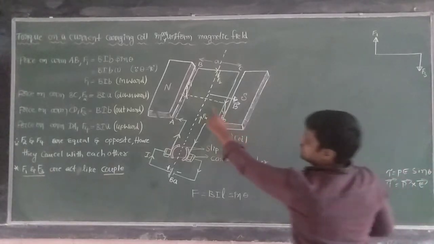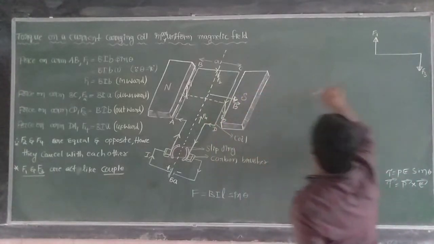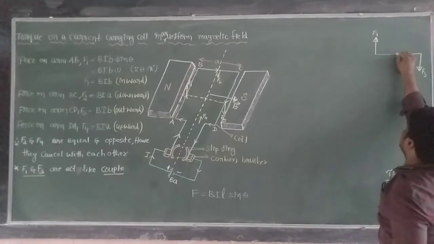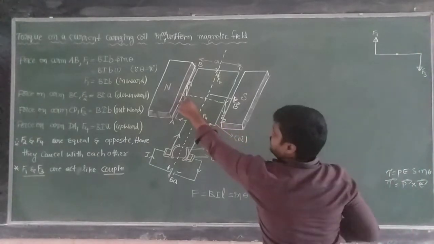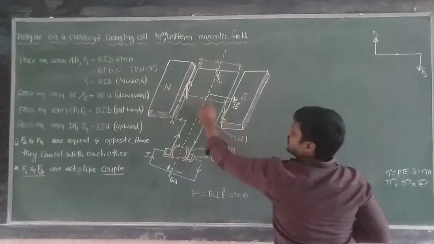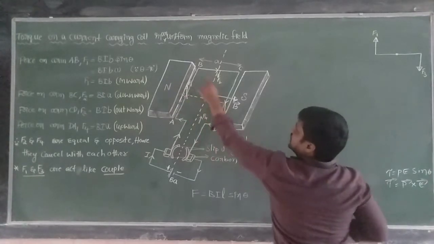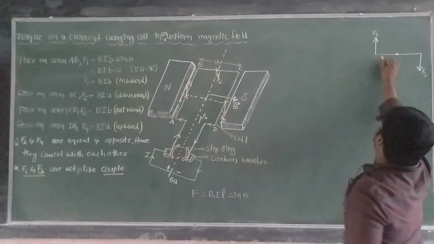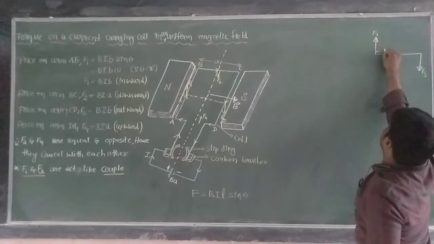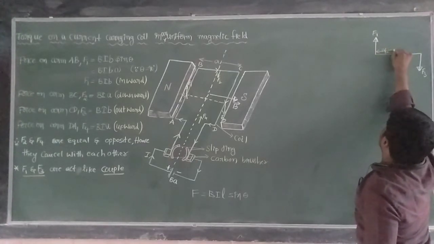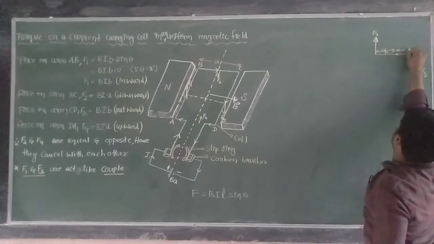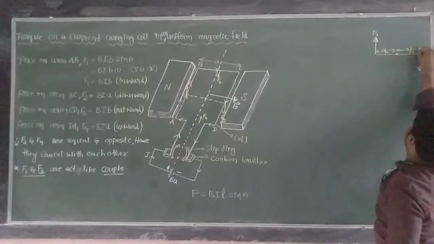This is the center point. What is the total length from F1 to F3? The length is A, so from the center to each end the length is A by 2.